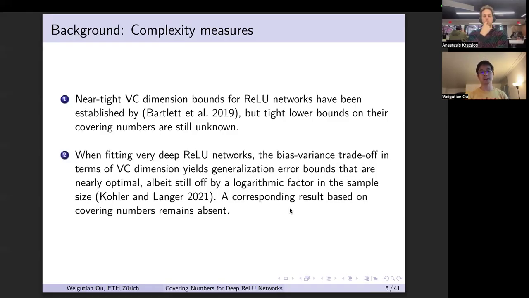On the other hand, there were results using the VC dimension to understand the generalization ability of very deep ReLU networks, that is, ReLU networks with fixed widths but with depths going to infinity. These results are almost optimal, but the generalization errors still differ by some logarithmic factors from the possible optimal bounds. Unfortunately, there were no results based on the covering number. So I was interested in filling these two gaps.